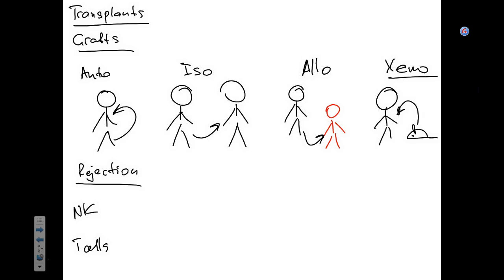All right? So you have a cell with a receptor, and then you have some sort of a tissue, and you have an MHC molecule here. And there's no recognition, immune rejection. Does that make sense?